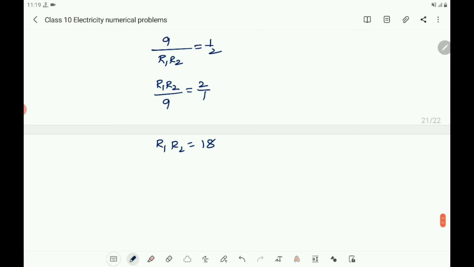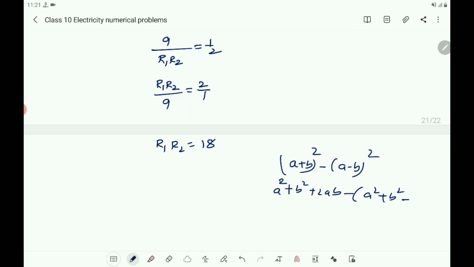Then here, take the relation among (a plus b) whole square and (a minus b) whole square. (a plus b) whole square minus (a minus b) whole square, what are you going to get? Here it is a square plus b square plus 2ab minus (a square plus b square minus 2ab).